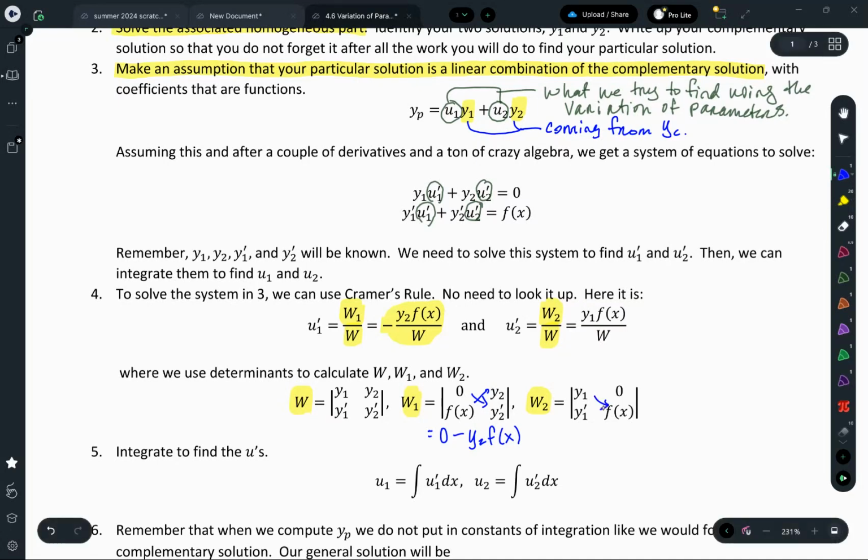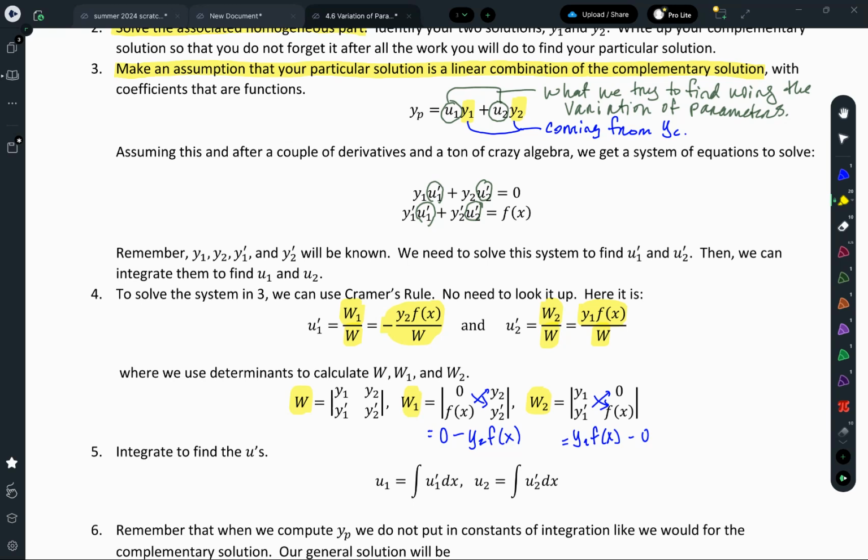When we calculate the determinant on this, we look at those diagonal products, we get y1 times f of x minus 0, which is exactly what we have in the numerator in the more simplified form, okay? So you decide how you want to do this, but ultimately they're the same thing. I'm not really saving any time either way, okay?